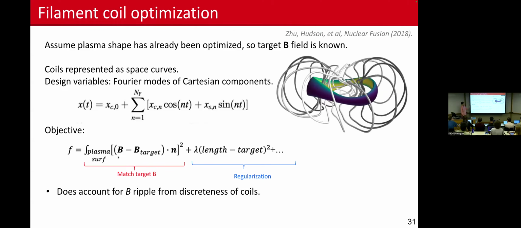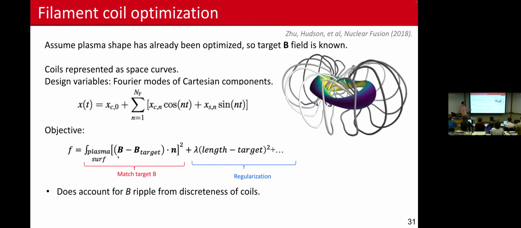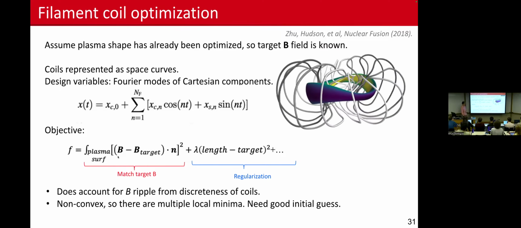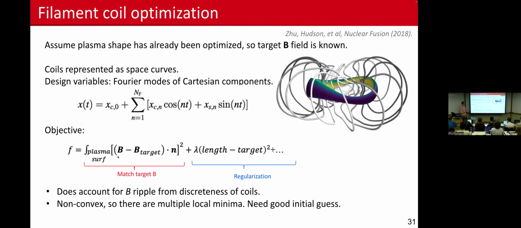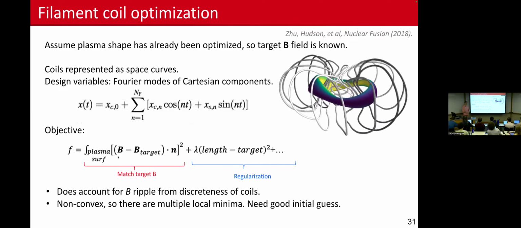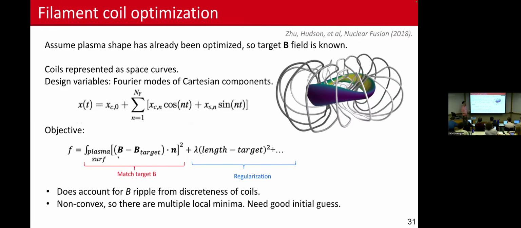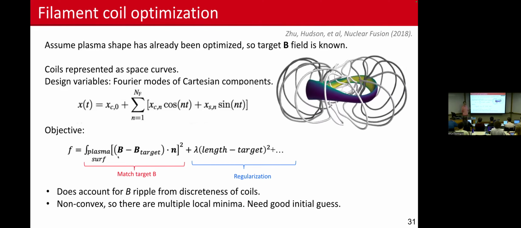Okay, there's clear advantages here. They represent realistic coils a little bit more. It accounts for the discreteness of coils. The problem is the optimization is much harder. It's non-convex. As you add more terms, things just get more and more complicated. You have more weights to play with. And it does benefit because of this from good initial guesses.